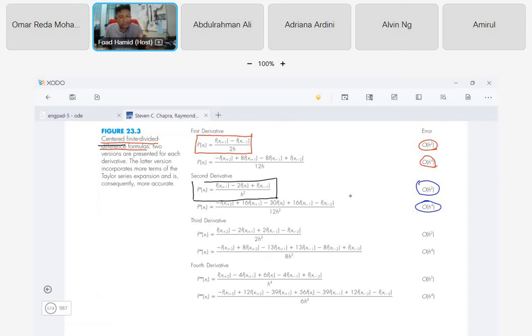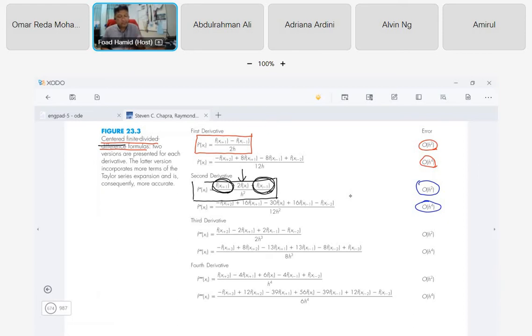Note that in this case, you have a lot of variation: forward difference, backward difference, and centered difference. The only difference is that for centered difference, it will use one value forward and one value backward. If you want to find this, you need to know the forward and the backward value.